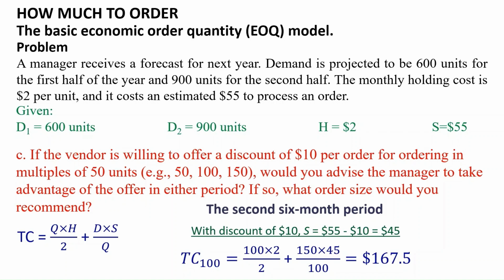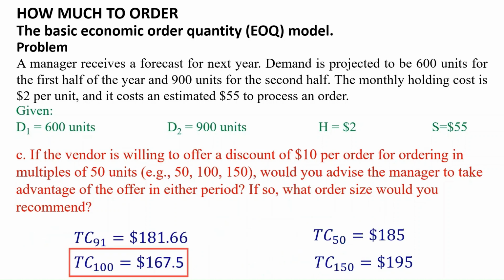And the monthly total cost corresponding to Q equals 150 is TC 150 equals 150 multiplied by 2 divided by 2 plus 150 multiplied by 45 divided by 150 equal $195. As the total cost at quantity equal to 100 units has the minimum value, for the second period the question answer is yes, the manager should take advantage of the offer and order Q equals 100 units during this 6-month period.